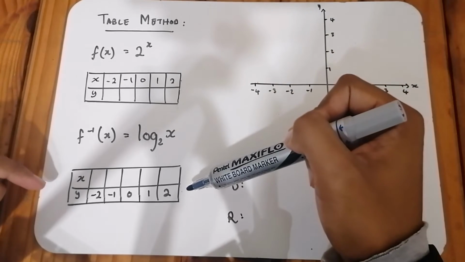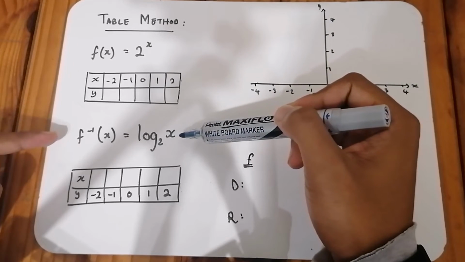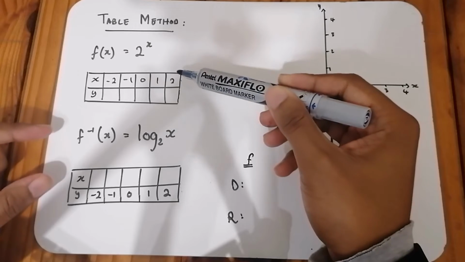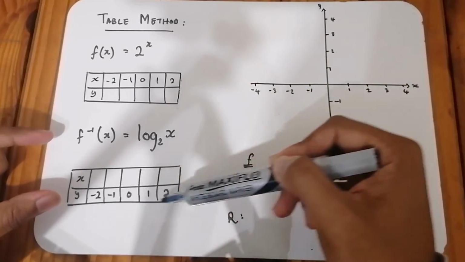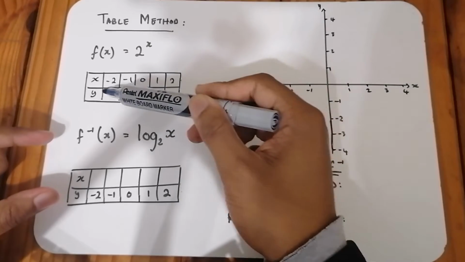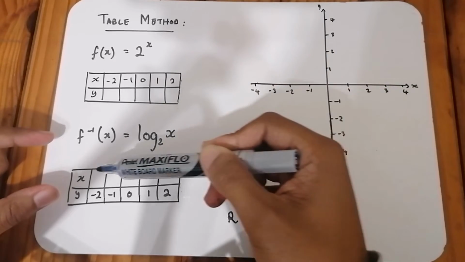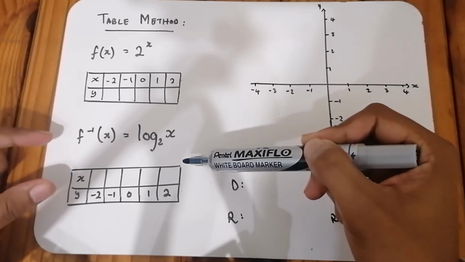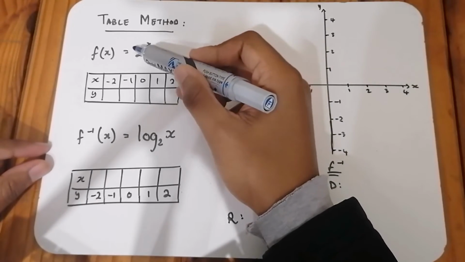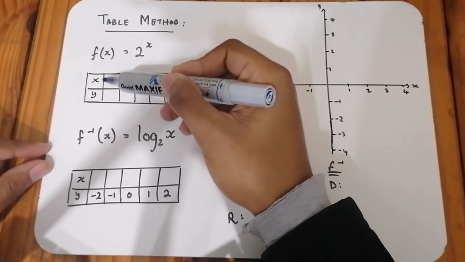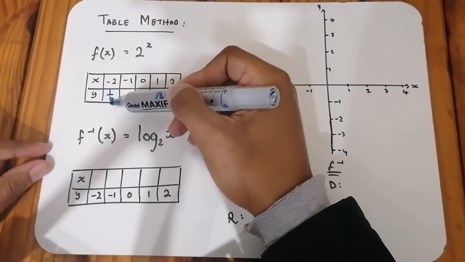You can see I have the same table for the inverse, but notice I already swapped the x's. So these x values, I wrote them as y values. And then whatever y values we work out here, I'm going to substitute for the x values. Okay. So 2 to the power of negative 2 is a quarter.